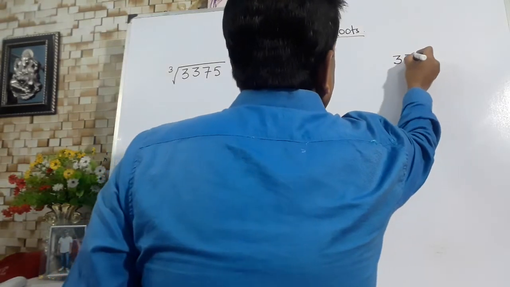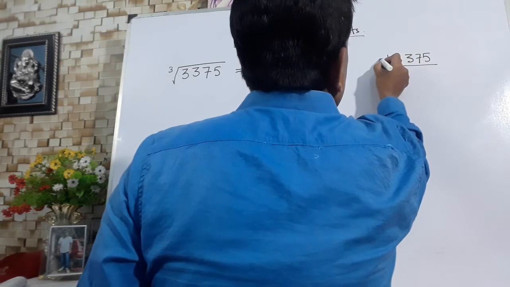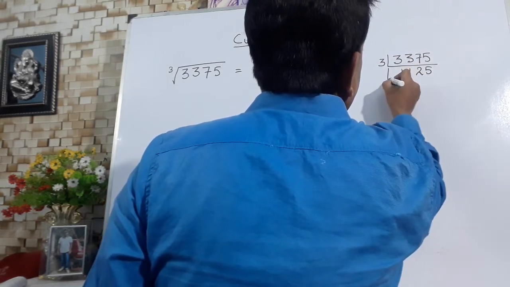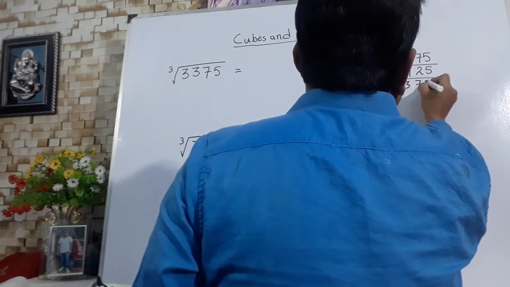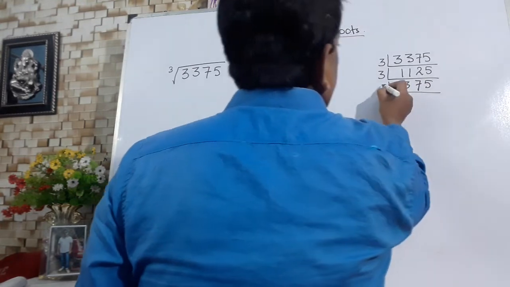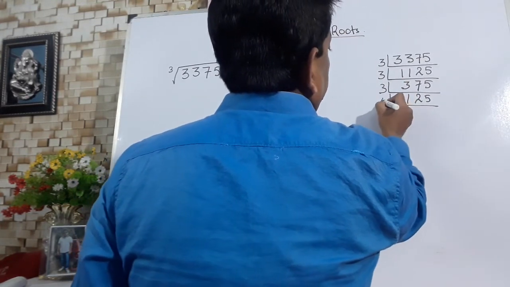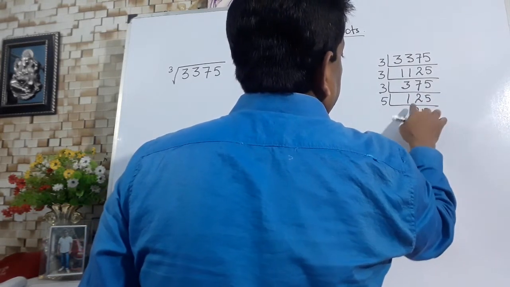So 3375 is to be resolved into prime factors. Dividing by 3, it is 1125. Again by 3, it is 375. Again by 3, it is 125. Then by 5, it is 25.